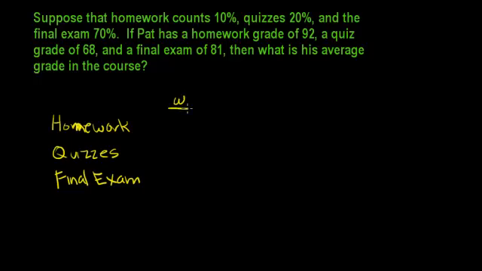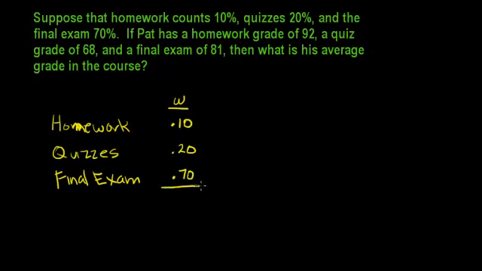I'll use a lowercase w to represent that. Now, when we calculate with percents, we have a choice here. We can use the percent as it is, or we can change it to a decimal. I'm going to change these to decimals, so the 10% would be 0.10, moving the decimal 2 places. The quizzes were 20%, or 0.20, and the final exam was 70%, or 0.70.